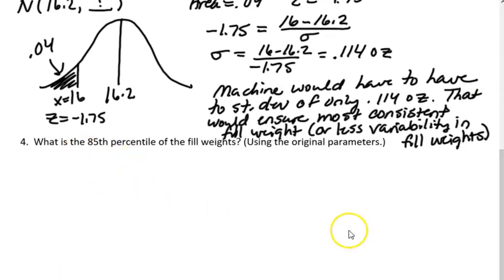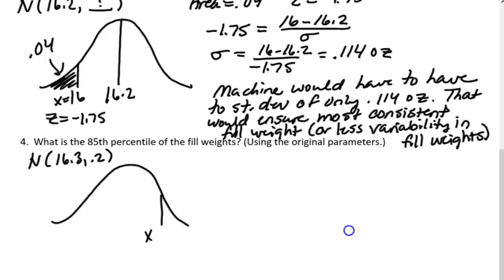What is the 85th percentile of the fill weights? Using the original parameters, so using that the mean is 16.3 and the standard deviation is 0.2, we want to know what x is if this is 85%.